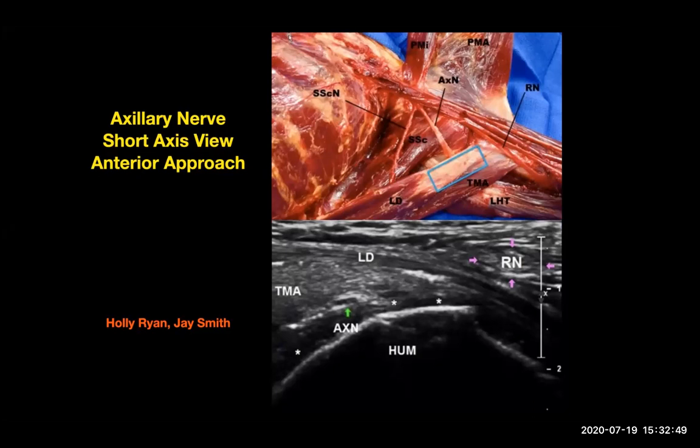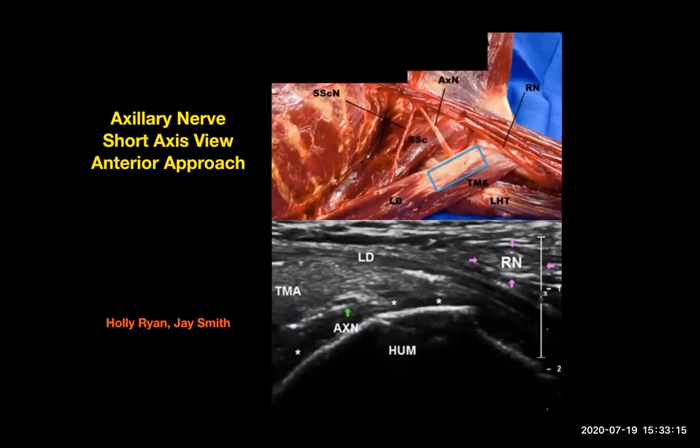The other thing you can use is the posterior circumflex artery, which is very close to the axillary nerve. You can put your Doppler on it to guide you in looking at the structures, and you will see them as shown here in this view.